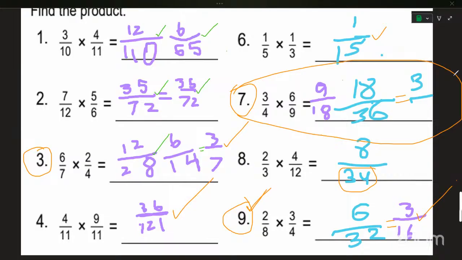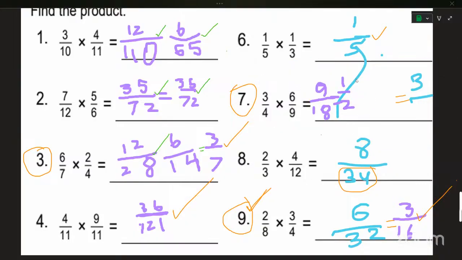Still we can simplify anyway. We can still simplify. Yes, 1 by 2 is the right answer. 1 by 2 is the right answer.